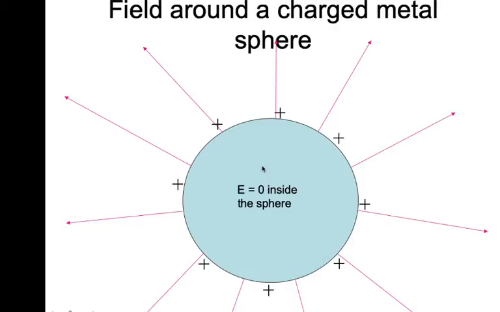As soon as another positive charge would be added here, it would try to get itself as far away from all of the other positive charges as possible on the surface. This is just something you got to take as is for now.